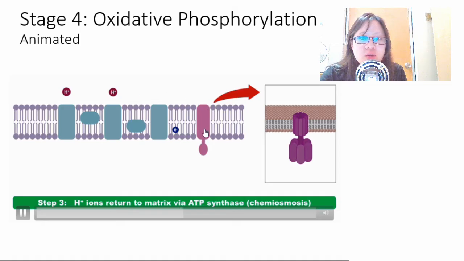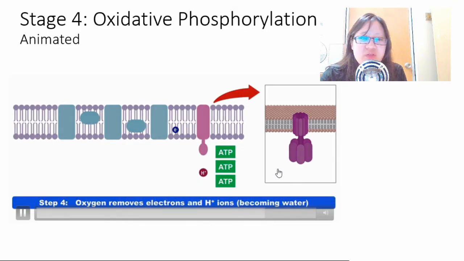The hydrogen ions will pass through the ATP synthase, and when they pass through, the enzyme spins and produces ATP from ADP and inorganic phosphate. And of course, in the last step, oxygen comes in and removes electrons and H+ ions, becoming water.